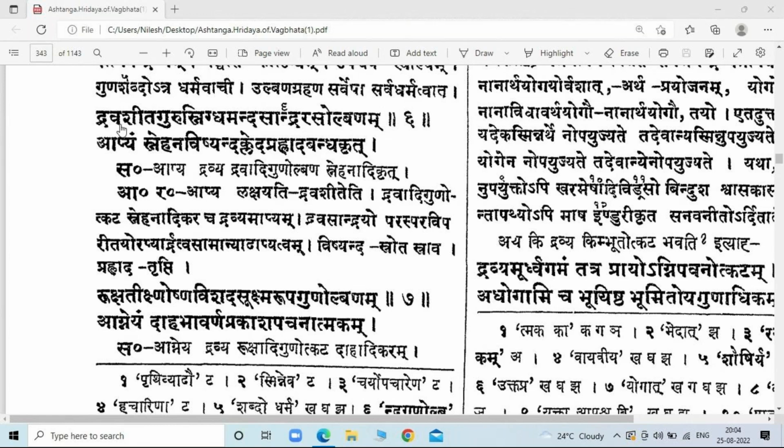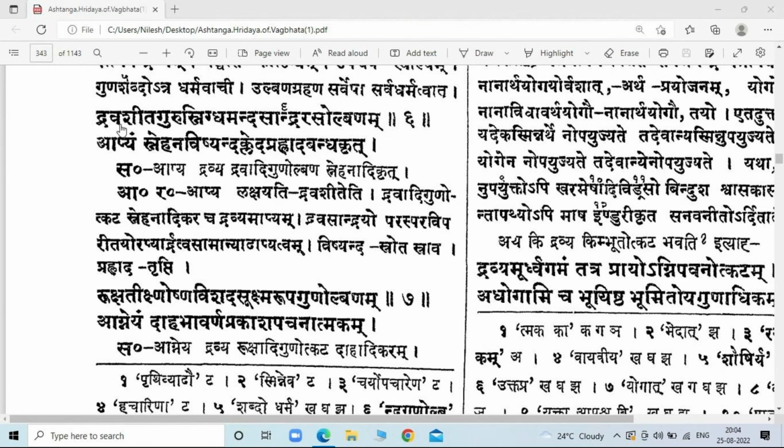Pindi bhava, the shape or form of a bolus. So it is the quality which facilitates making a pindi out of churnadi.